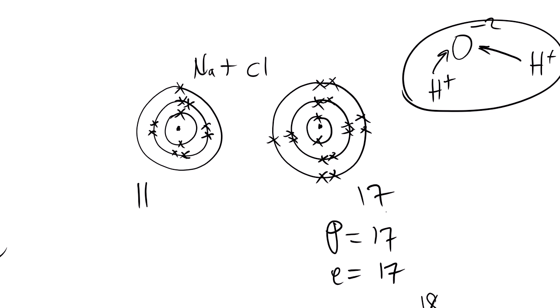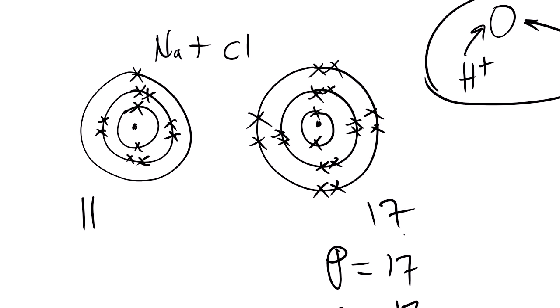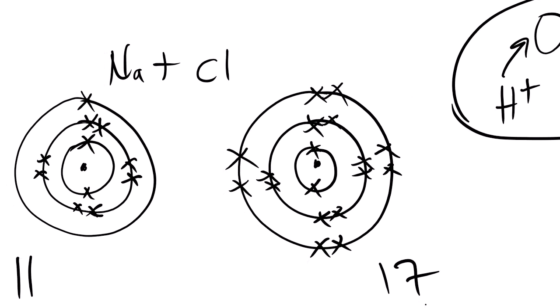So that means after gaining an electron, chlorine will become, instead of staying neutral as it is here, just -1.